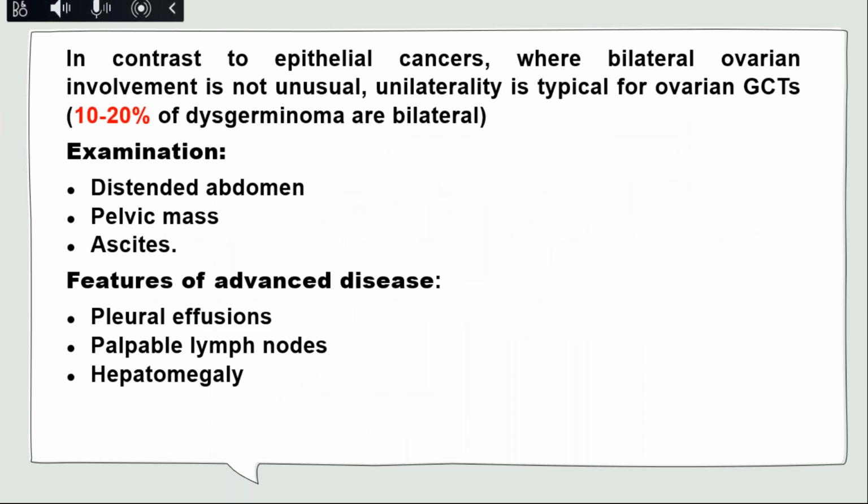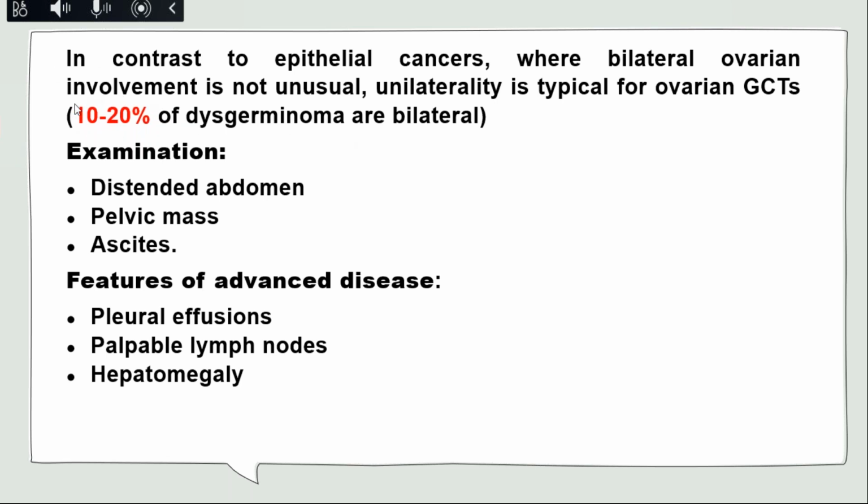Now, in contrast to the epithelial cancer, where bilateral ovarian involvement is not unusual, unilaterality is typical for ovarian germ cell tumors. Like in 10 to 20% of these, germinomas are bilateral. So mostly it can occur as a unilateral tumor, but in case of germinoma, about 10 to 20% may be bilateral.